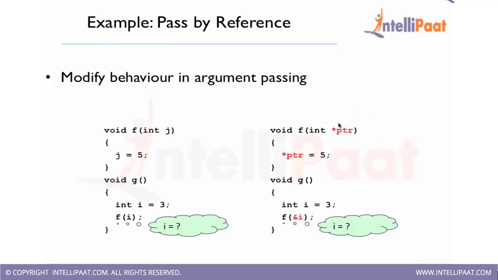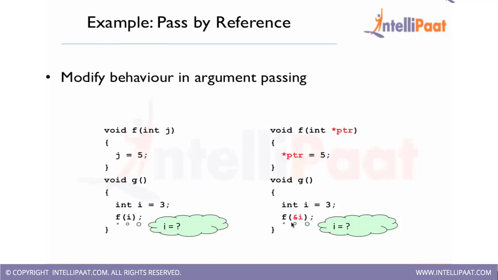Since I am using the pointer ptr, I have to give an address. If I just give plain i, it will not compile, or it will throw some error. So wherever I have a pointer as a parameter of a function, I have to pass some address. So here I am passing the address of i. So it is changing the value at address of i to 5.